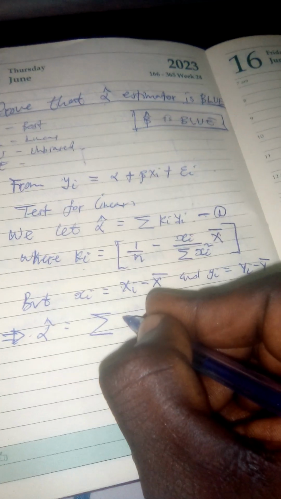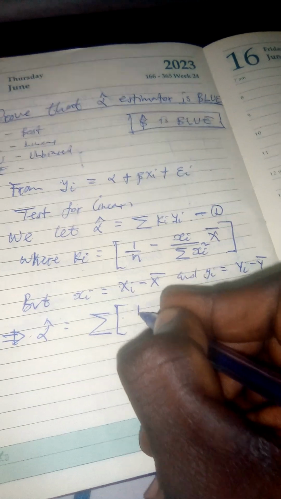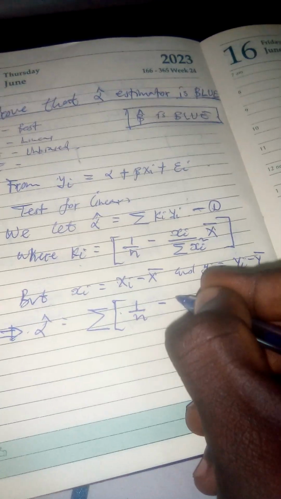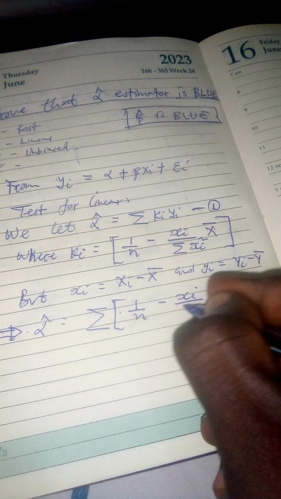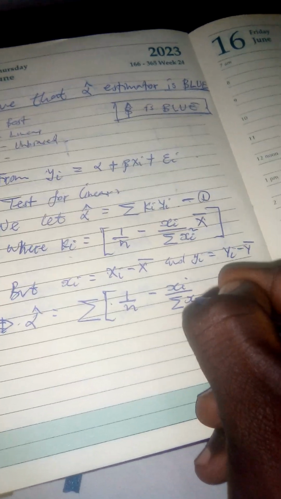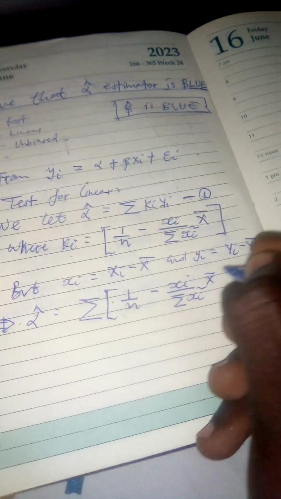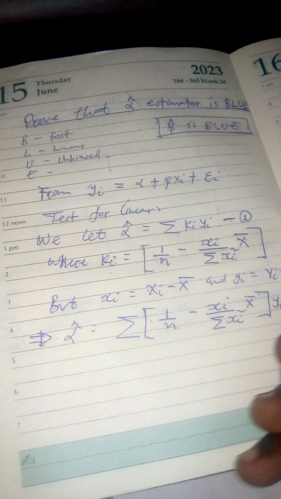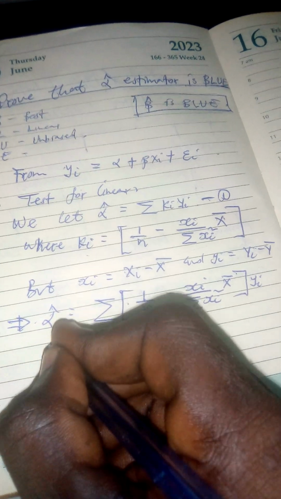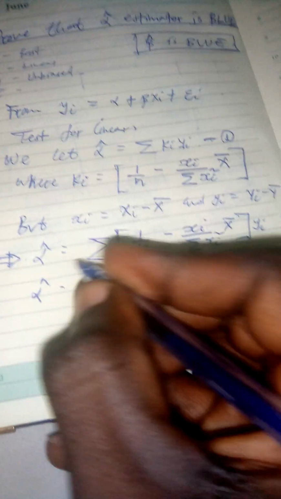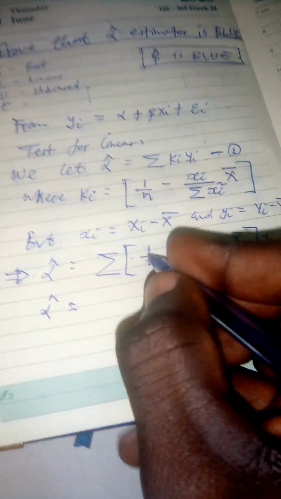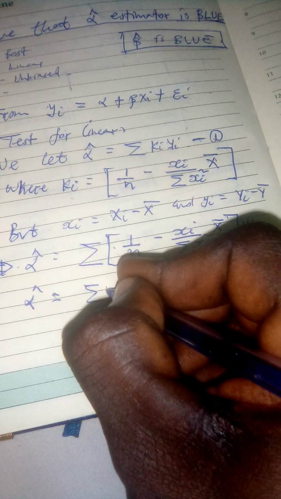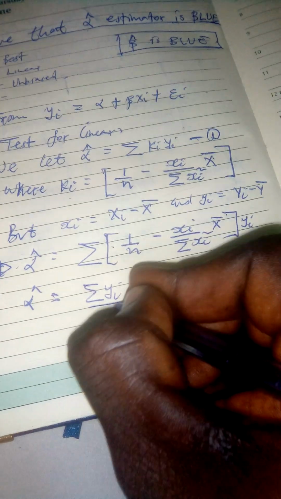It will be 1 over n minus xi over the summation of xi squared x bar, times yi. So alpha hat will equal the summation of yi over n.